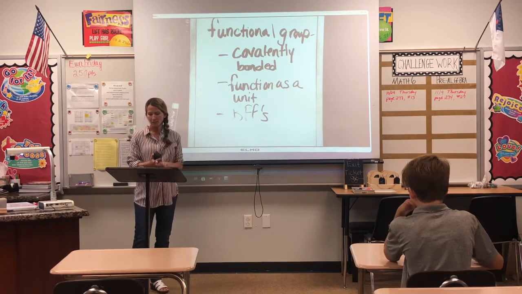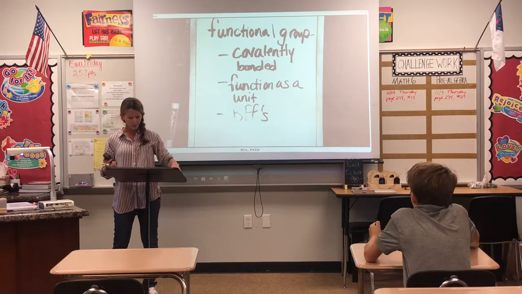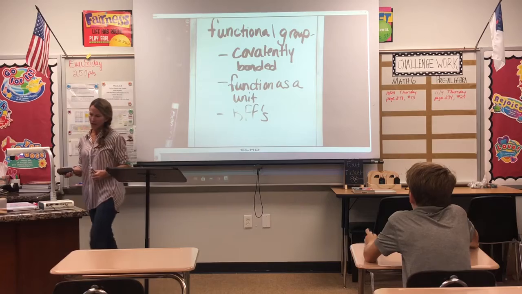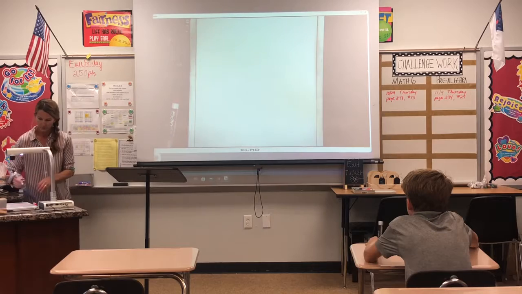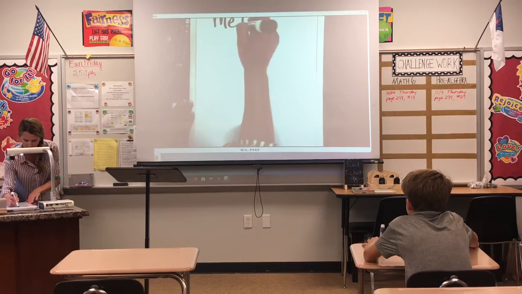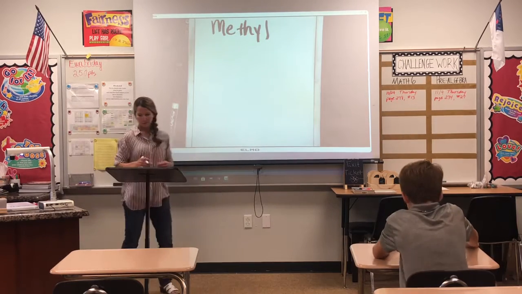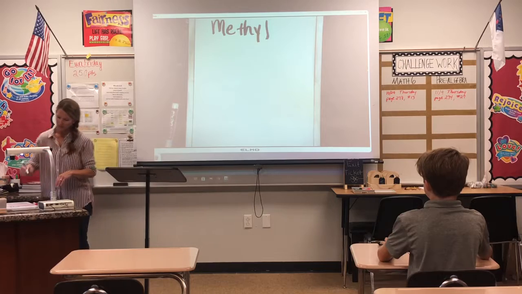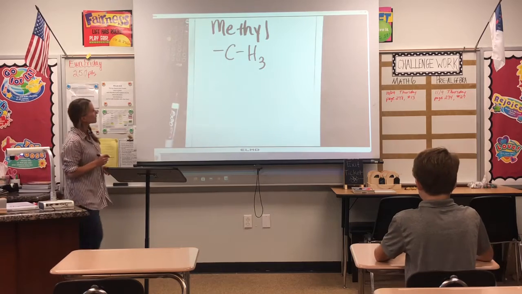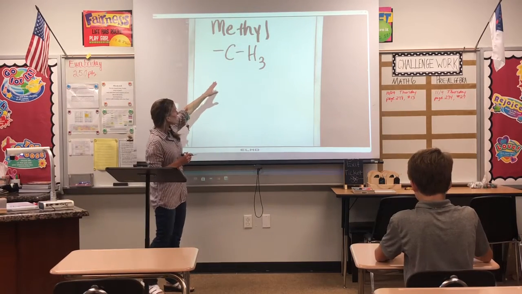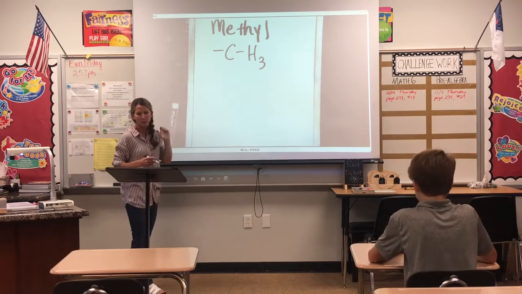Now we're going to go over each individual functional group that we stated at the beginning of the lesson. Alright, so we have methyl. You can write it normally like C and then H3, because it has 3 hydrogen atoms bonded to the carbon, and then it's usually bonded to probably another carbon atom.